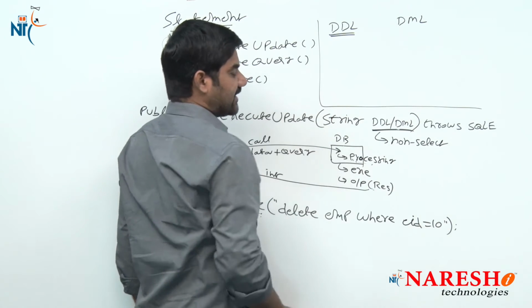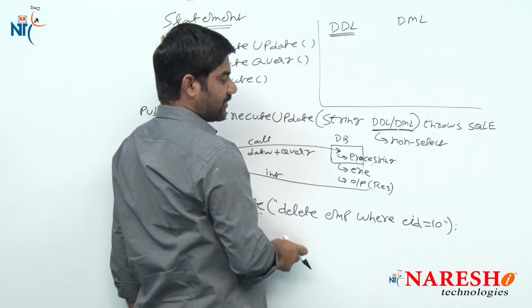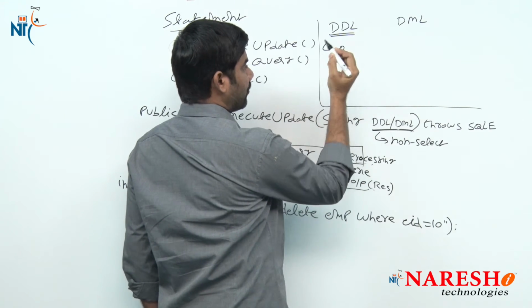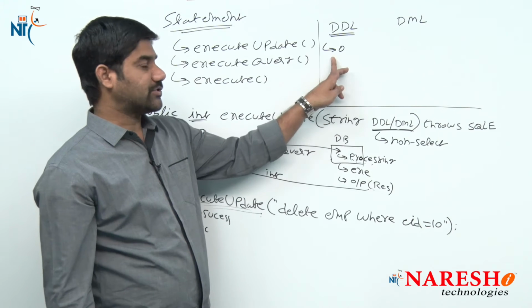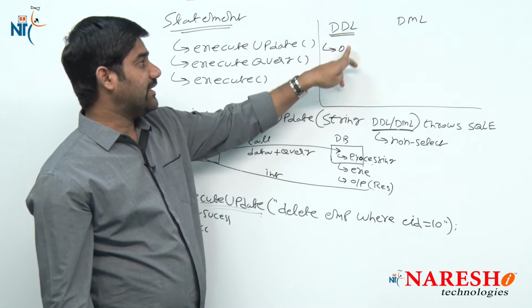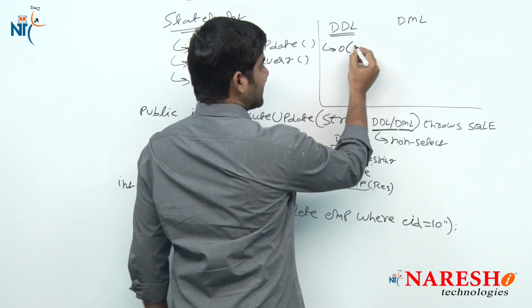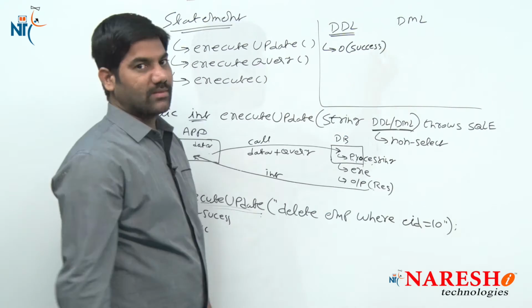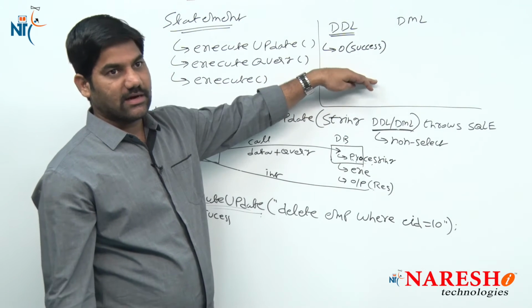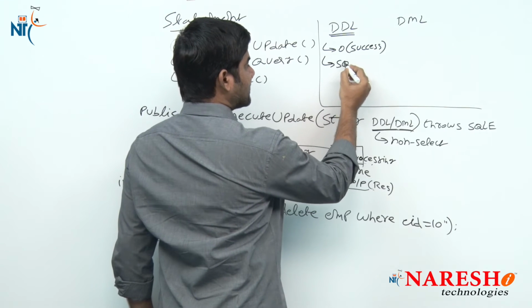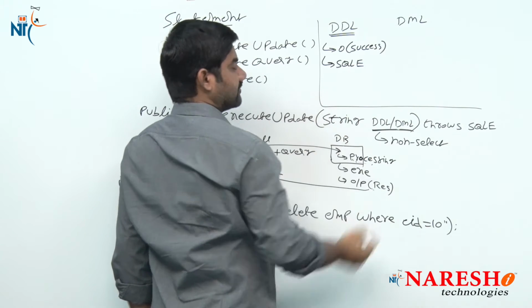While processing DDL commands, the executeUpdate method or database returns only 0. We are not getting any positive value. DDL commands return 0 if the query is processed successfully. If the query is unsuccessful or fails, you will simply get an SQL exception.